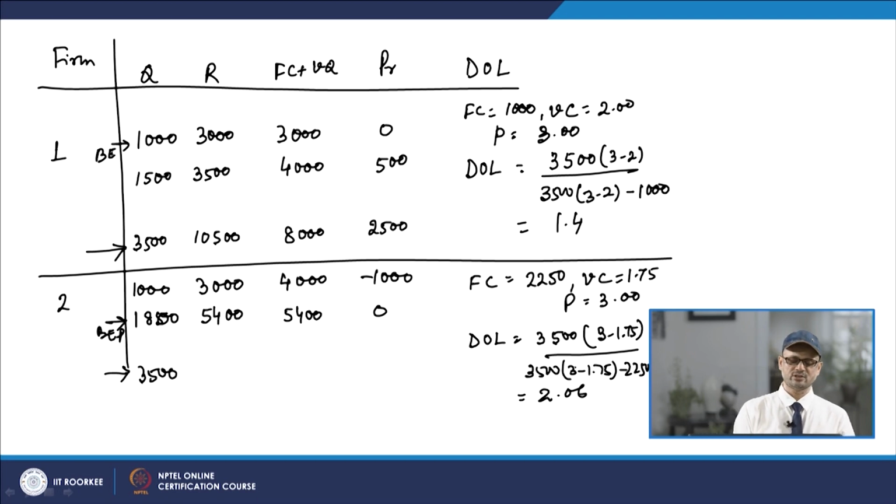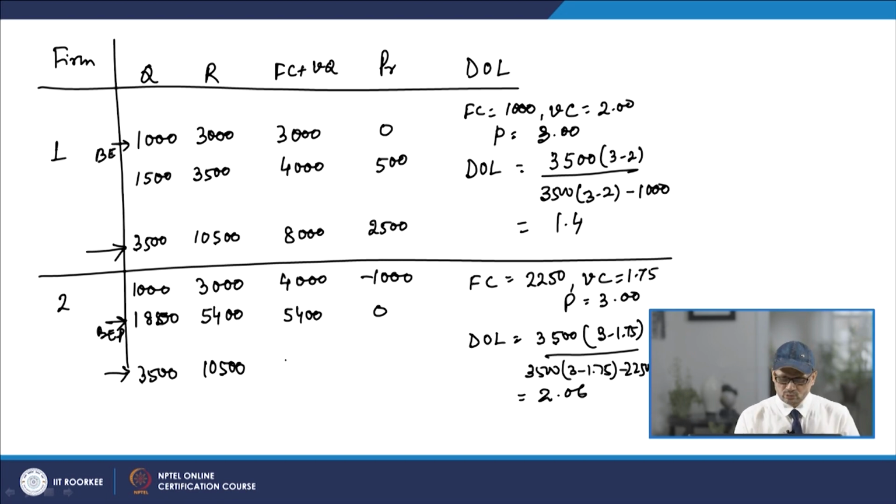But then for that you will have to go for a break even quantity of minimum 1800 to get 0 profit. If you look at the 3500 units, you have the income of 10,500, 3500 into 3, and the total cost will be fixed cost 2250 plus variable cost 1.75 multiplied by 3500.